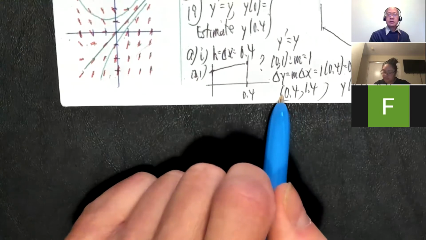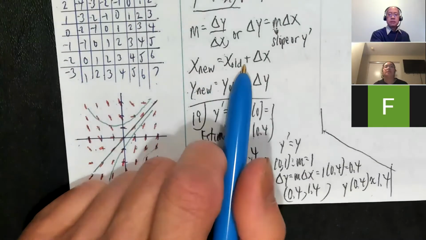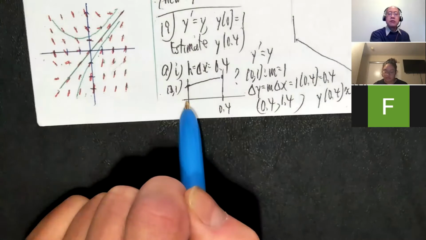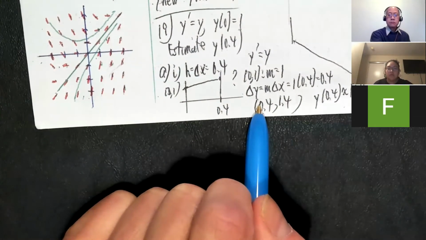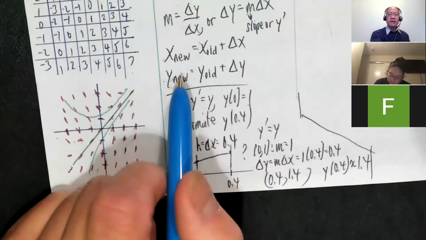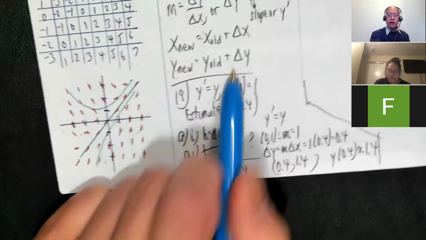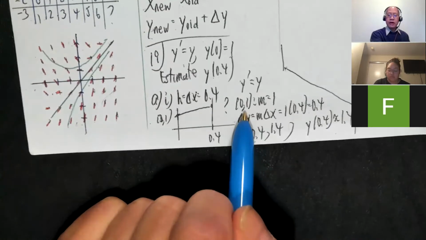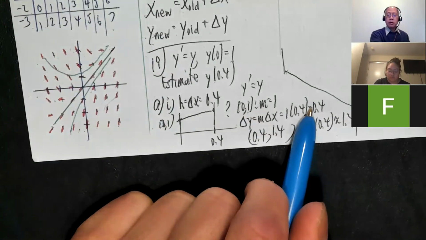What's my new x? Old x plus delta x. So I started at 0. The step size is 0.4. So now I'm at 0.4. What's my new y value? y new is y old plus delta y. What was my old y value? 1. My delta y is 0.4.